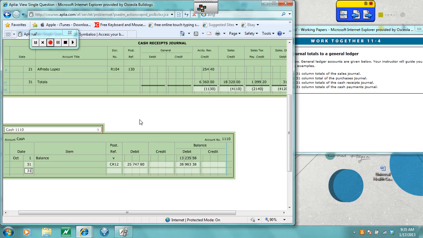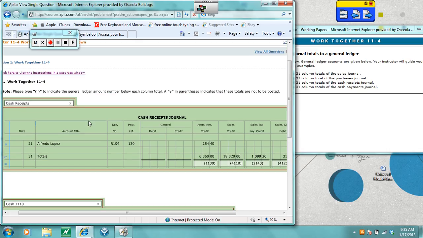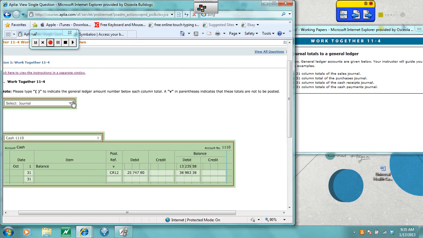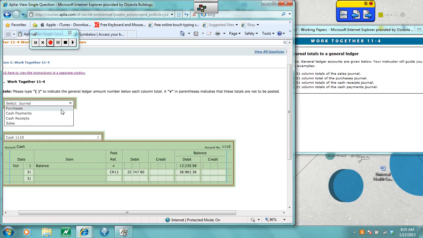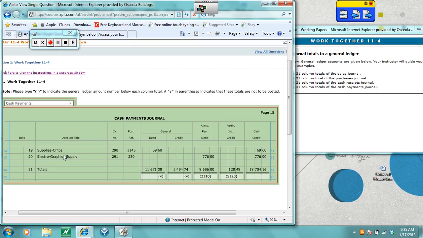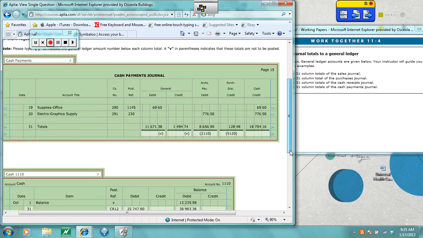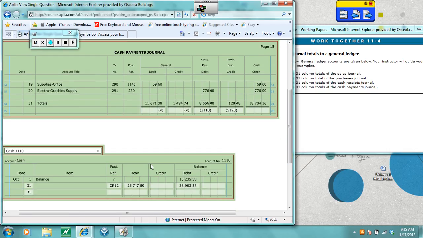31st. I go up here, go to cash payments. See, if I had posted to that cash payments and then went back and did that cash receipts, I would have had an error and it would have counted it wrong. So it's important that you catch those and you correct those. It's a credit of $18,704.16. That is what we spent.